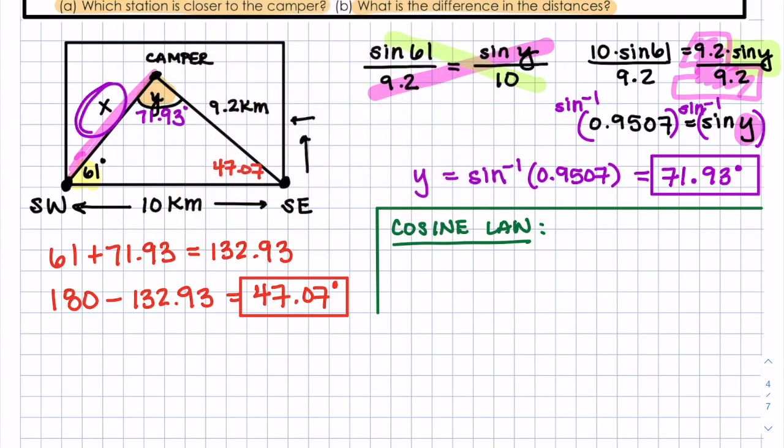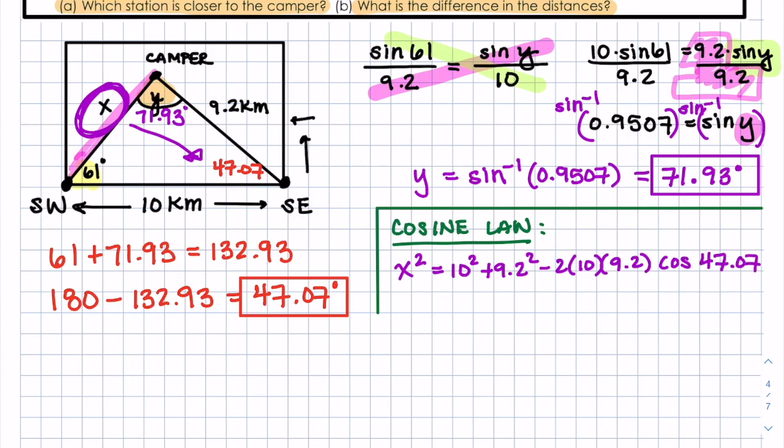So if I want to know this side, then I'm going to have to reference this angle. So I'm going to start with x squared is equal to 10 squared plus 9.2 squared minus 2 times 10 times 9.2 cosine of 47.07.